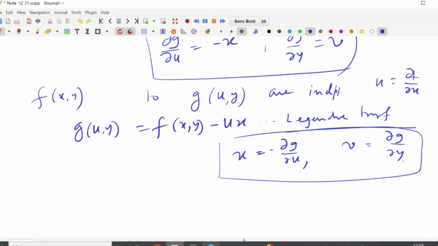So, you always use this kind of Legendre transformation in your earlier study. Okay. So, this Legendre transformation we are now going to use to go from Lagrangian formulation to Hamiltonian formulation.